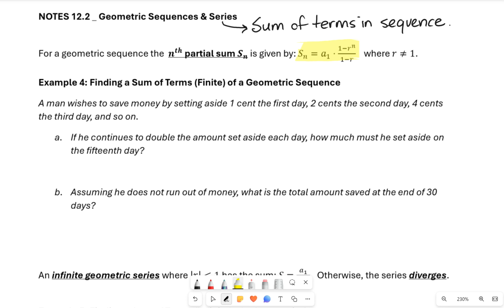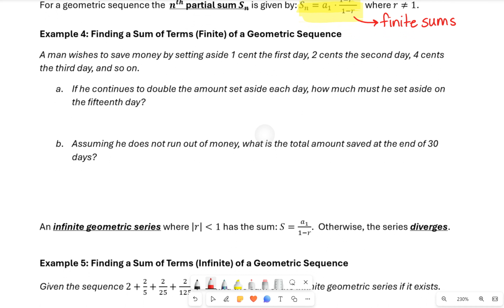This is the first one that I'm highlighting right now in yellow. This first one is used to find finite sums. Finite sums are sums of terms in a sequence that are stipulated to a certain number. So you will have a list of numbers that terminate. That's a finite sum. Let me show you an example what that looks like in this application problem.